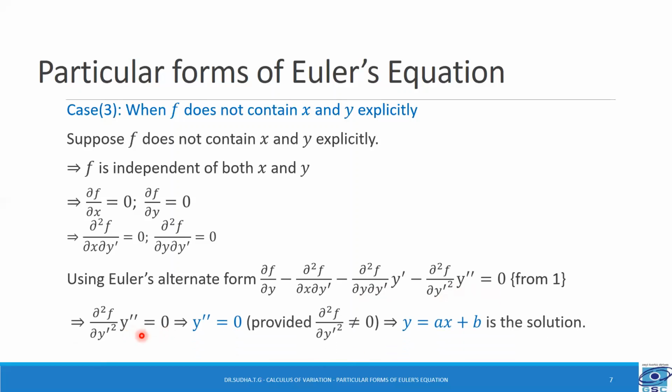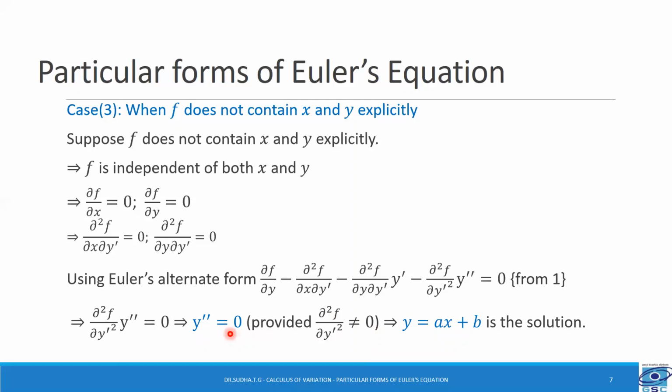So we can take y double dash equal to 0, provided the partial derivative of f with respect to y dash is not equal to 0, because f will be a function of y dash alone. So we can take this not to be equal to 0, which implies y double dash equal to 0.